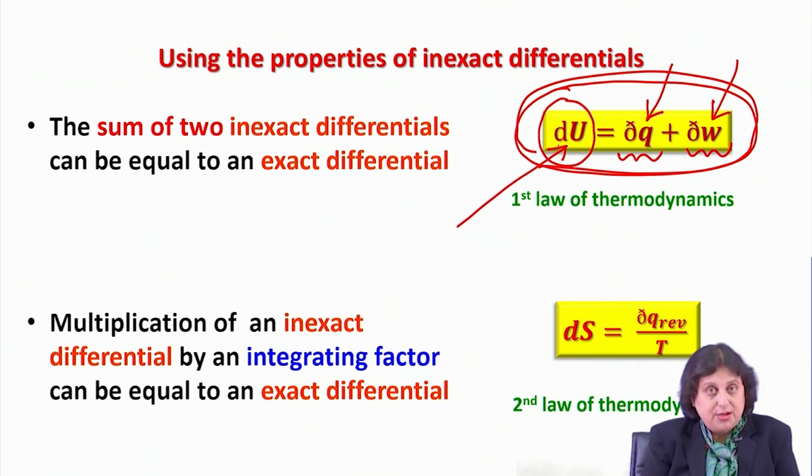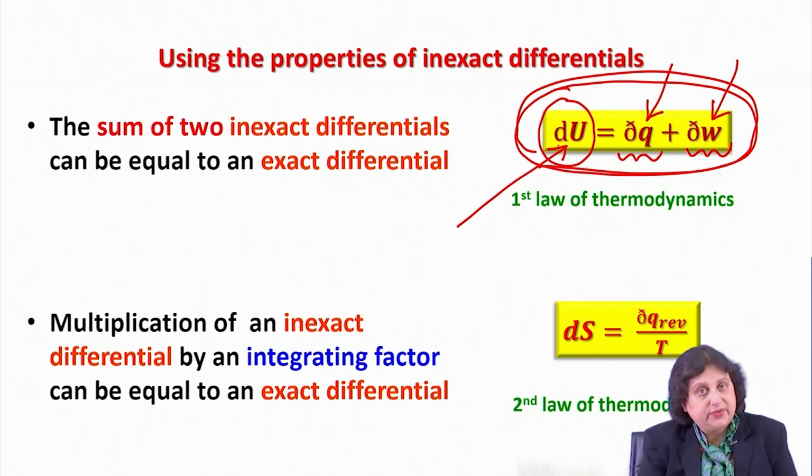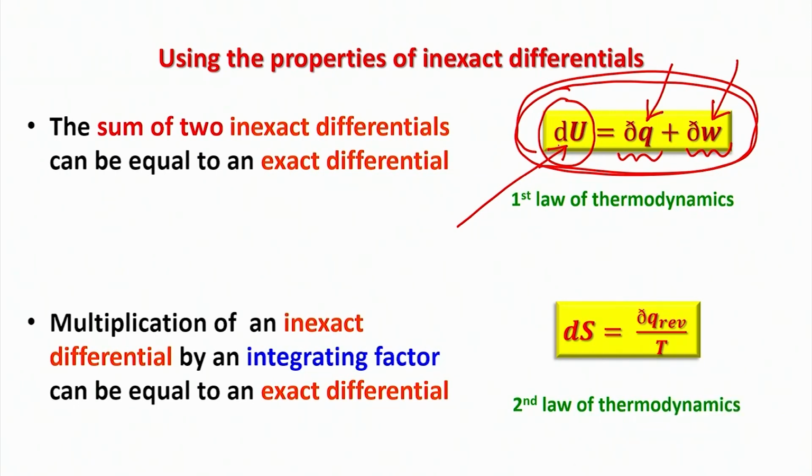And therefore, Q and W are ideal candidates whereby dQ and dW will be an inexact differential. But as we have already demonstrated, this is mathematically feasible because the sum of two inexact differentials can indeed be equal to an exact differential.